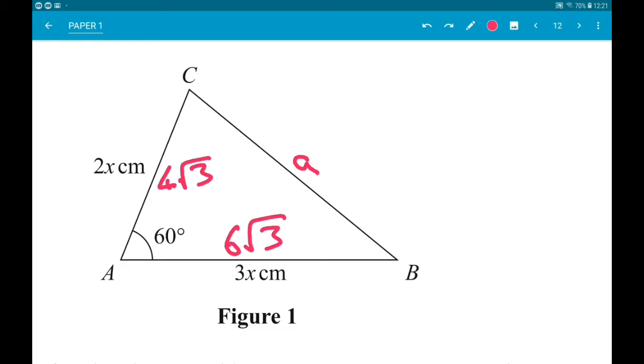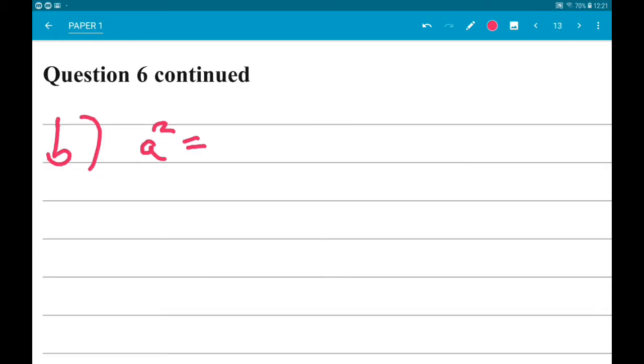4 root 3 squared, which is 16 times 3, so that's 48. Add 6 root 3 squared, which is 36 times 3, which is 108.